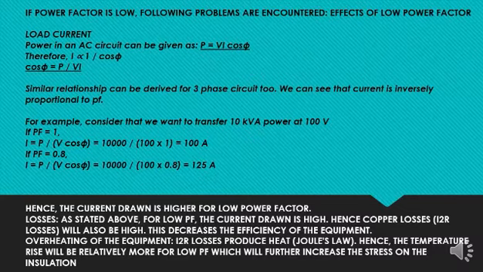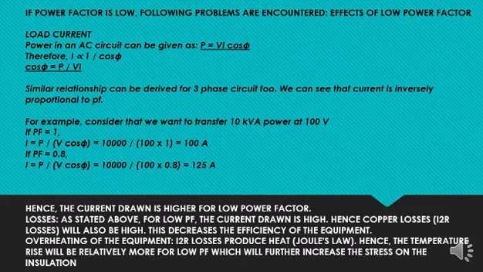If the power factor is low, the following problems are encountered, or you can say these are the effects of lower power factor shown in this presentation. The load power in an AC circuit can be given as P equals V times I cosine theta.